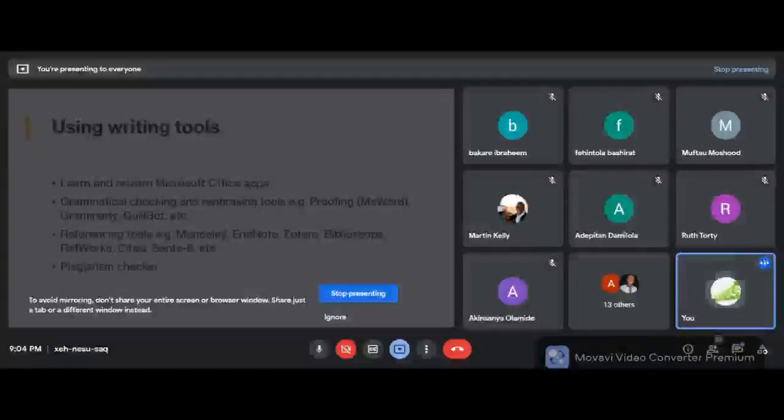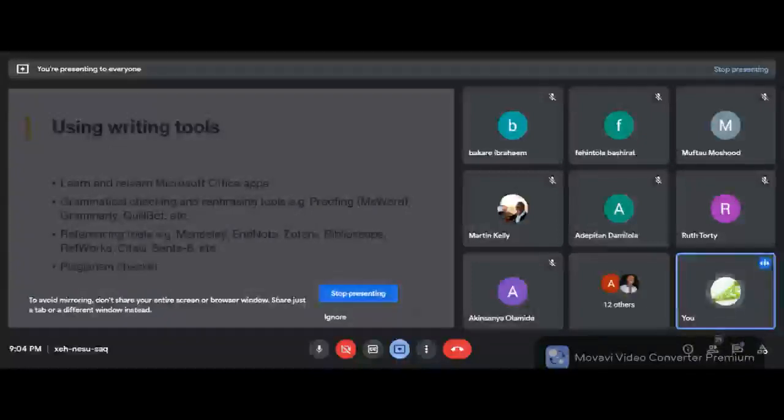And additionally, referencing tools are another tool that is very important in writing, because they make references. Like I said, references are a key part of manuscript preparation. So getting acquainted to some referencing tools is important, like Mendeley, EndNote, Zotero, Biblioscape, RefWorks, and etc. So this is very important, because they keep your references for you.